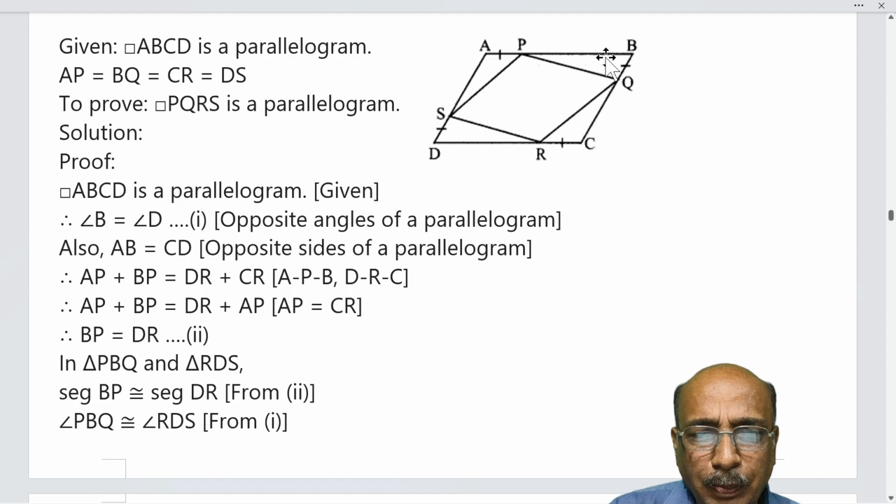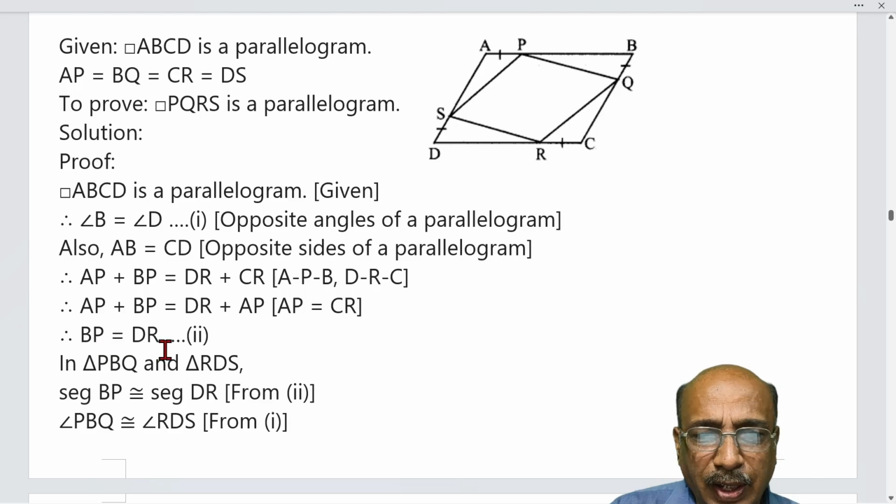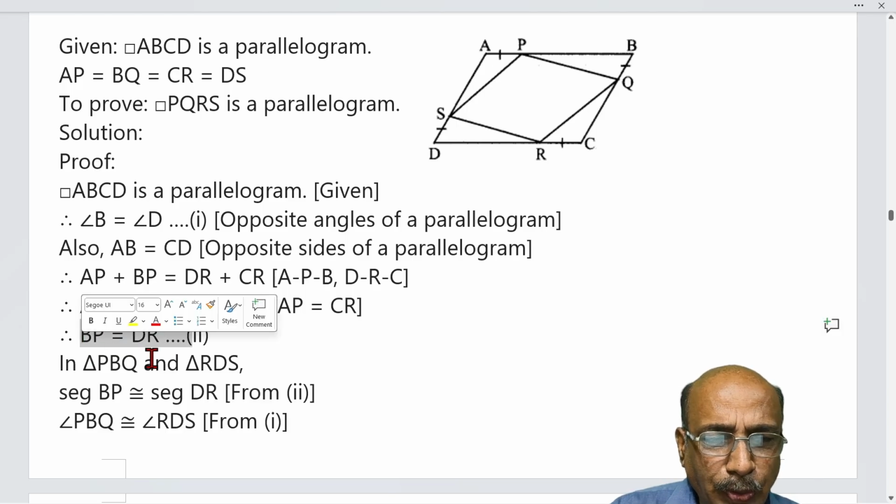AB is nothing but AP plus PB, and CD is nothing but DR plus CR. So AP plus PB equals DR plus AP, as AP equals CR. Therefore, AP gets cancelled on both sides. What is left? BP equals DR.